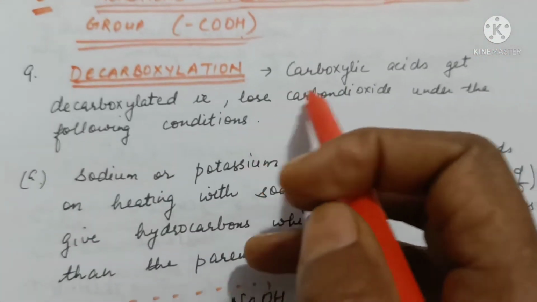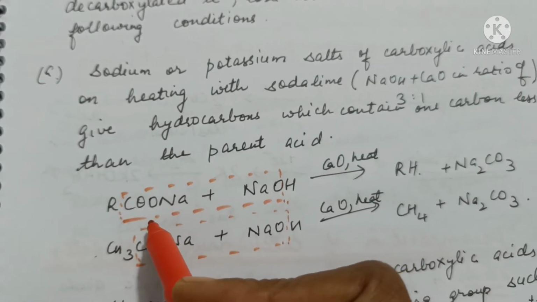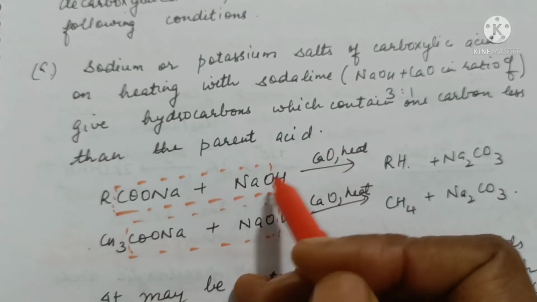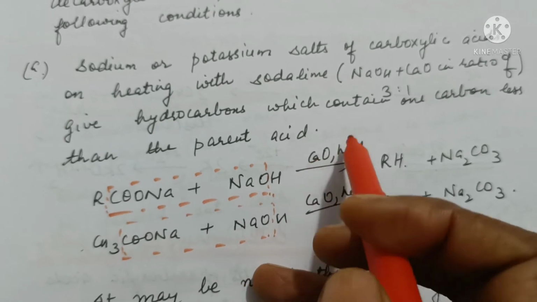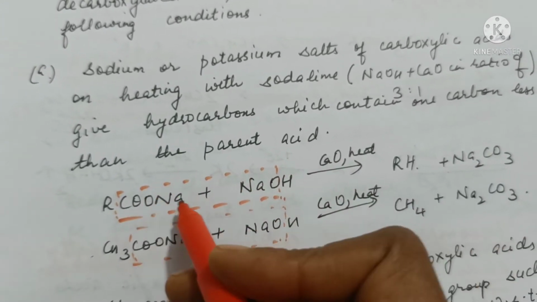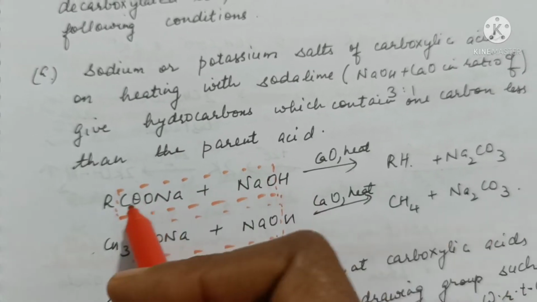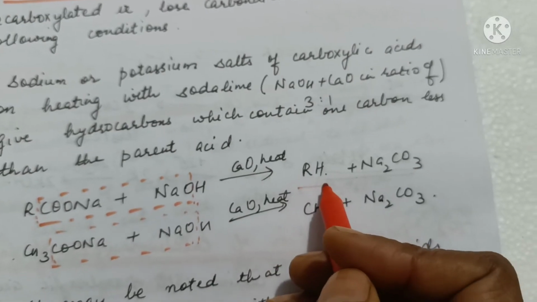First is decarboxylation. When sodium salt of carboxylic acid is heated with soda lime, a mixture of NaOH and CaO in the ratio of 3:1, the NaO and NaCO part combines to form Na2CO3 and H combines with R to form RH, which is the alkane.